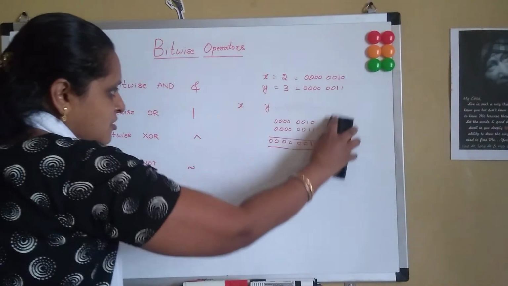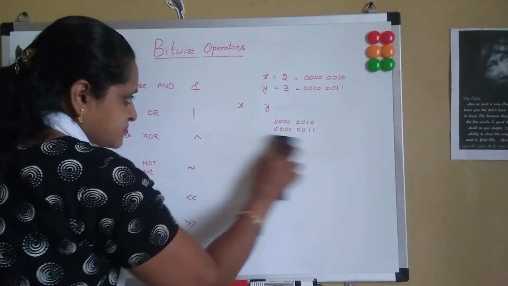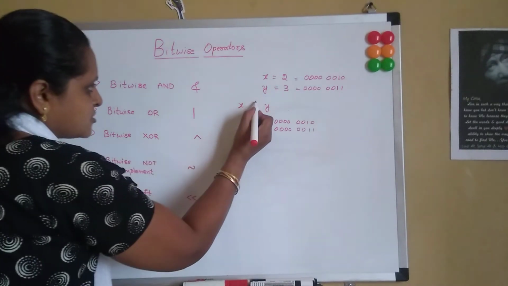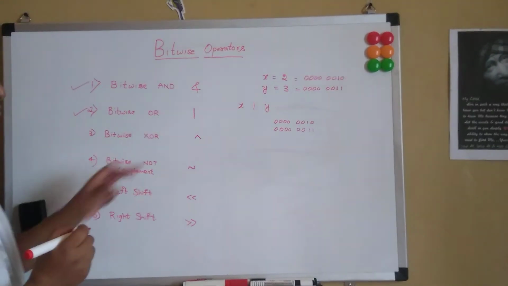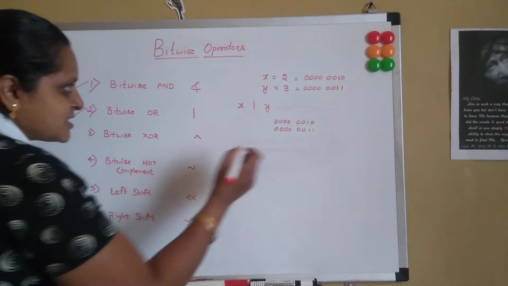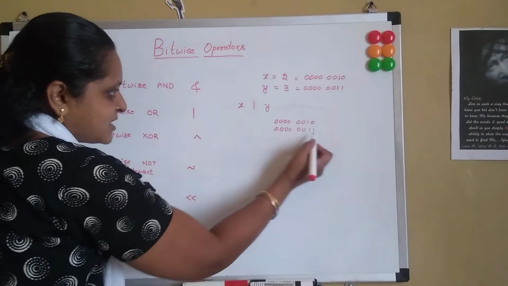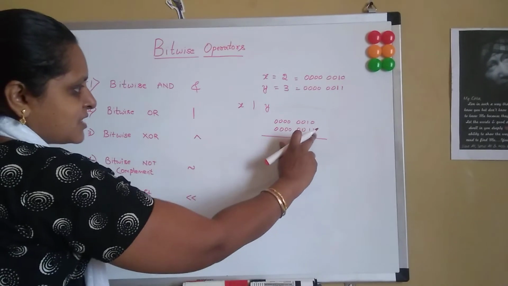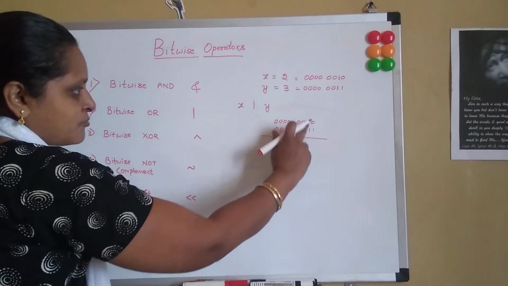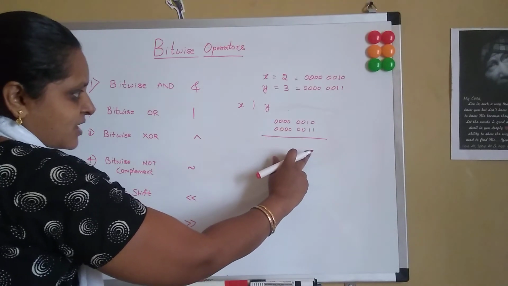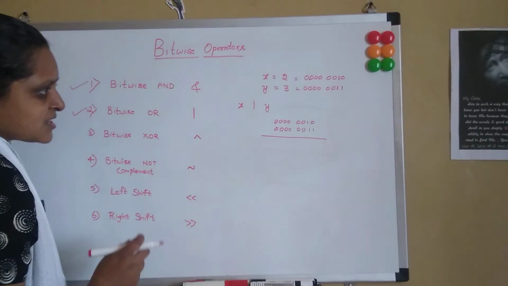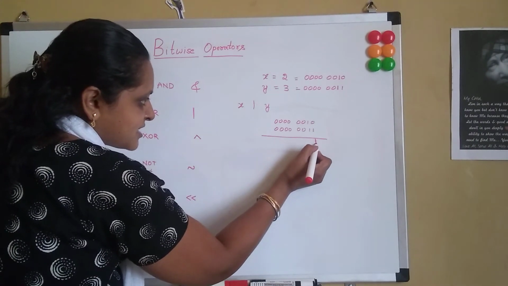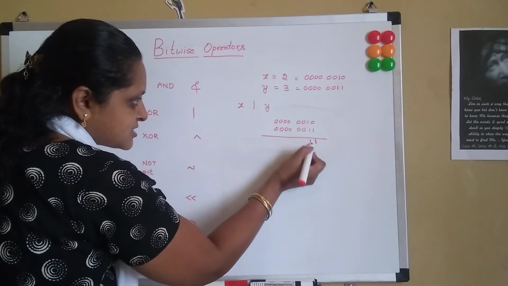Now let's look into the OR function. The second one is bitwise OR. If I have to perform bitwise OR on these two operands, x is 2 and y is 3. If any one of the bits is 1, the result will be 1, or if both the bits are 1, the result will be 1. Else, if both are 0, the result will be 0. So here I have 1 and 0, the resultant is 1. 1 and 1 is 1.